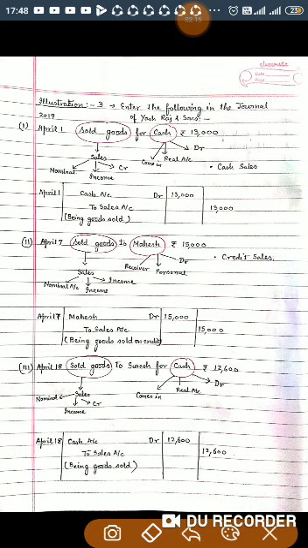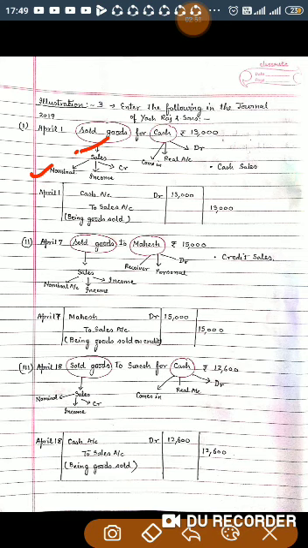In this transaction, two accounts are involved: sold goods and cash. Whenever you are selling goods, it is represented by the sales account.